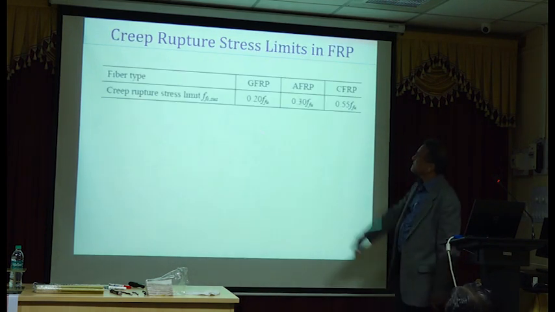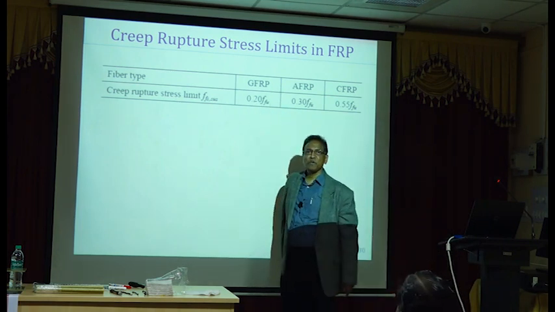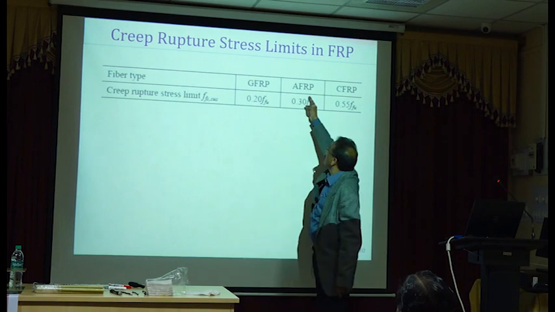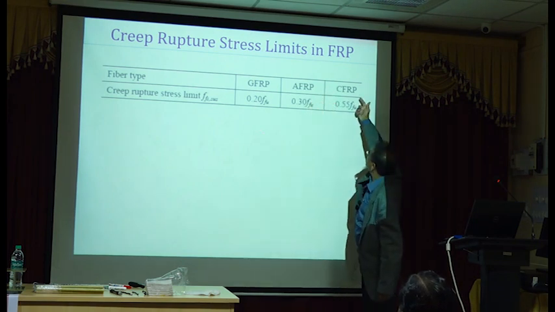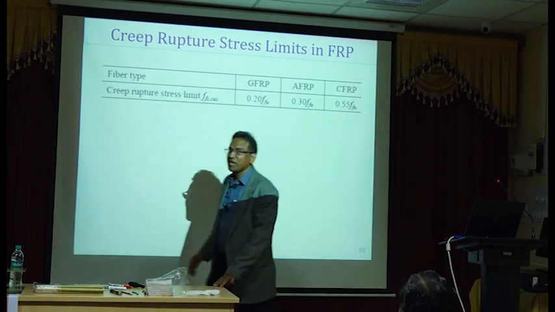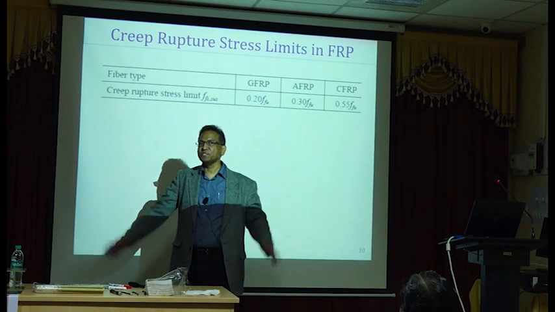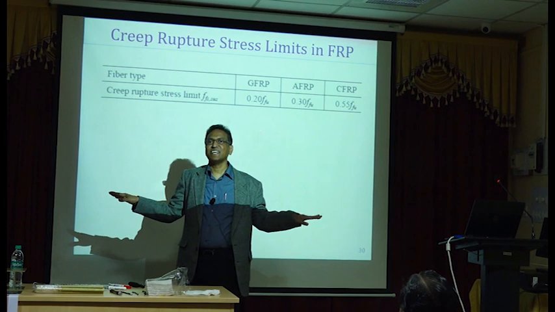So what are the limits? The limits are this: GFRP 0.2 ffu. AFRP, of course we don't use AFRP bars much, but CFRP is 0.55. This is where your design will be, don't mind my using the word, killed. That's it.